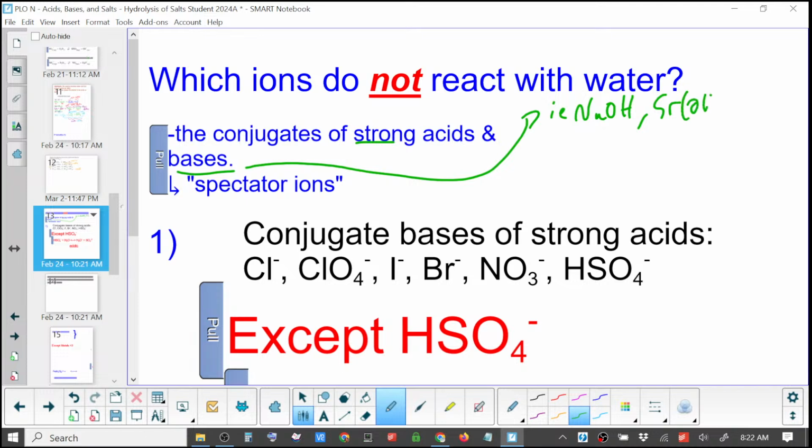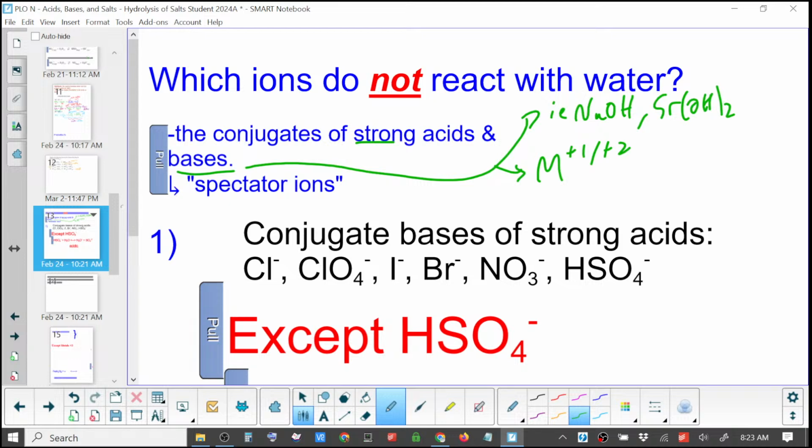NaOH, strontium hydroxide, which is why the conjugates, which ions do not react, are metals +1 and +2, generally. So all +1 and +2 metals are not going to react in water because they carry hydroxides, and they're not going to go back and re-carry a hydroxide because it's a one-way reaction.